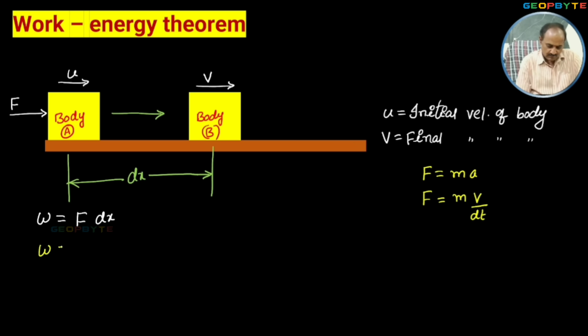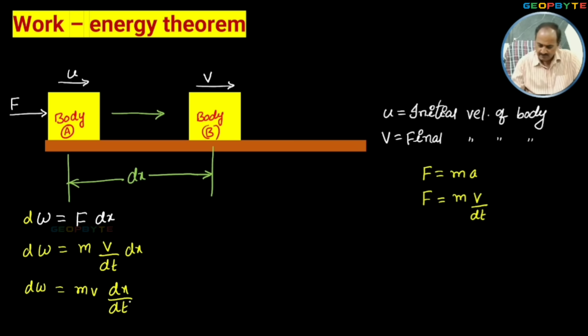Therefore, work equals force multiplied by displacement. In the place of force, let me write that value: m into dv by dt into dx. Of course, I can write dw, the small displacement work, equal to m into v into dx by dt.